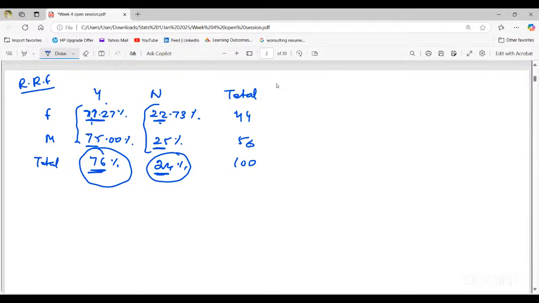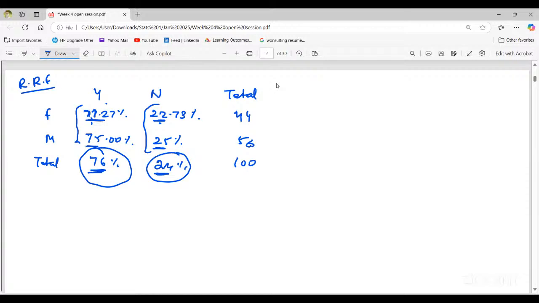So this is not associated. There is no association between them. So we can say that gender and owning a smartphone have no association between them. They are not related to each other. Gender does not describe whether they are owning a smartphone or not.